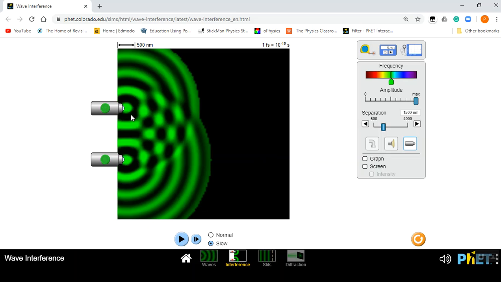The green is a crest, the black is a trough. Here we see a trough meeting a crest, and then there's nothing. But this is a trough that meets a trough, a crest that meets a crest, a trough that meets a trough, but there are some lines where there is no movement.